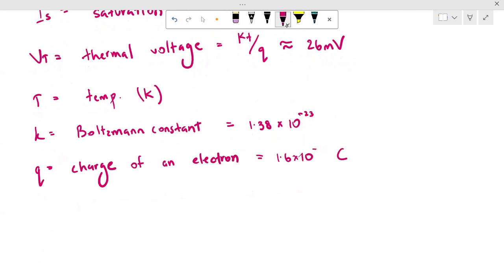So let me make that easier to visualize. There we go. And what's N? N is the diode ideality factor, which is usually 1 or 2.